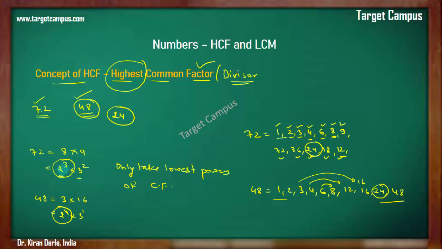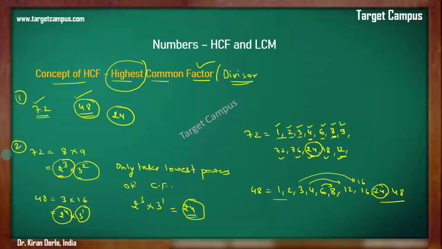What is the lowest power? 2 cube. And 3 is also common. What is the lowest power? 3 raised to 1. So 8 into 3, 24 is my HCF, using prime factorization. This is method 1, where you can just observe and get your answer.